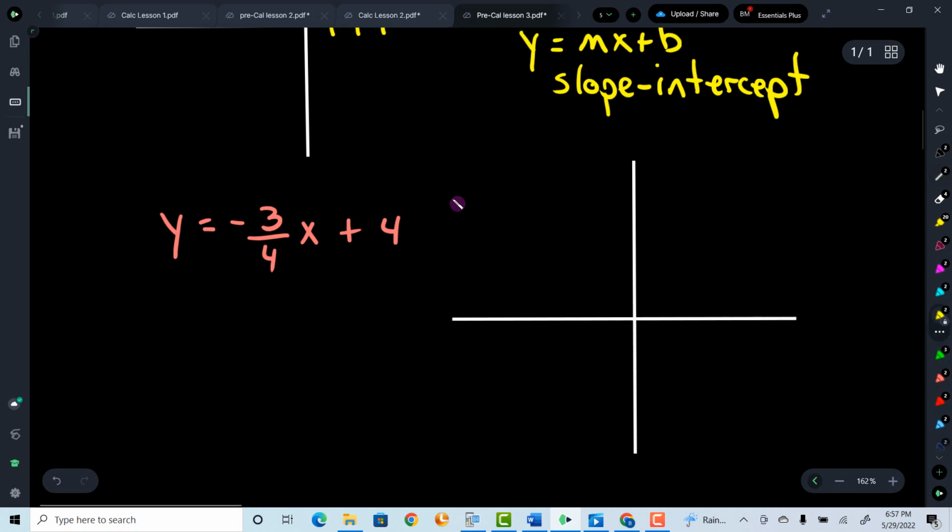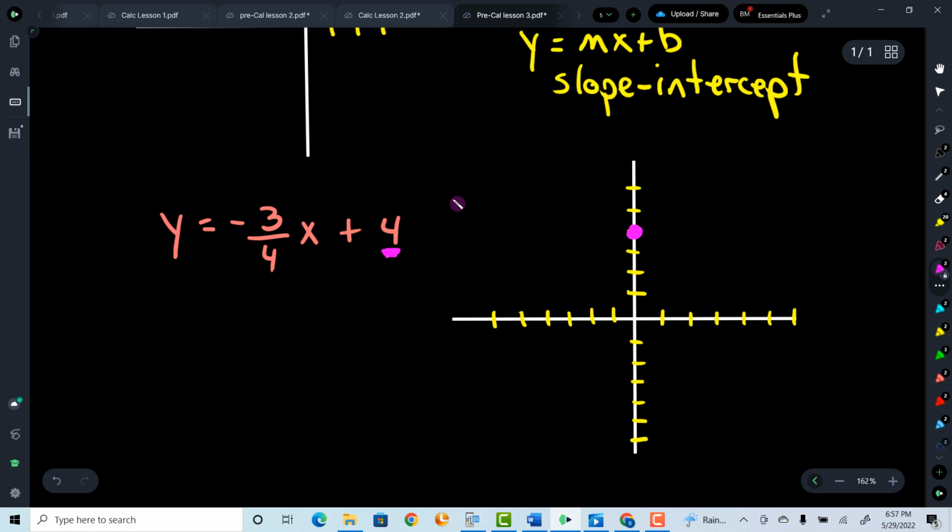All right, get some points on here. Okay, so what's the first thing we do? We have to plot our y-intercept. So it's crossing the y-axis at (0, 4).